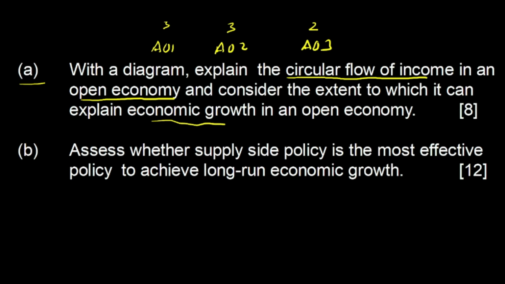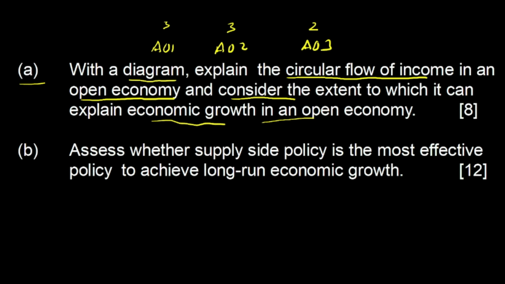Then for analysis, you have to make the diagram that will show the circular flow of income in an open economy, and as an evaluation you will have to say how, or to what extent, the circular flow of income explains economic growth in an open economy, and then you have to conclude your discussion.